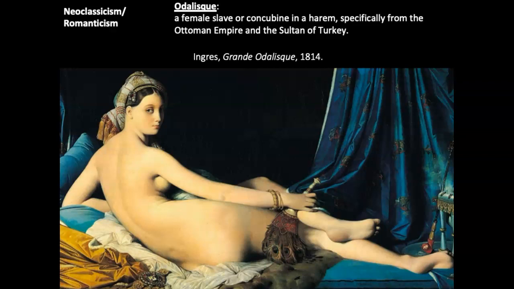These types of concubines were popular in powerful houses in the Islamic world, and the Ottoman Turks had this kind of exotic appeal to Europe, or I should say the Europeans had this exotic fascination with the Islamic world and all things, including the practice of odalisques or harems.